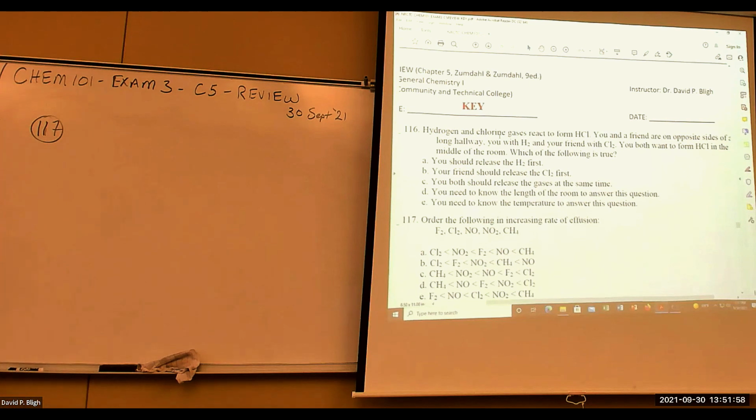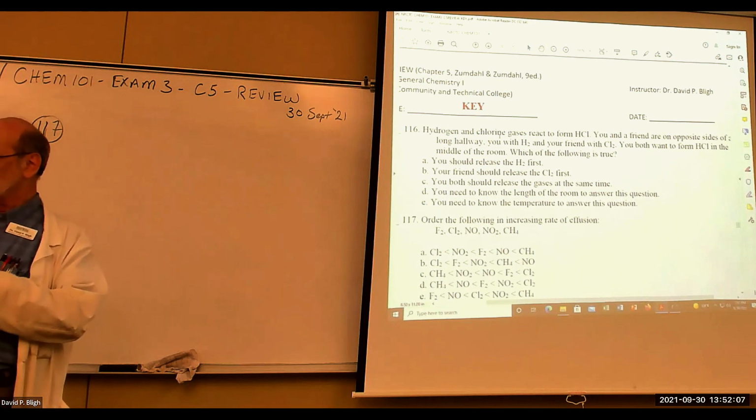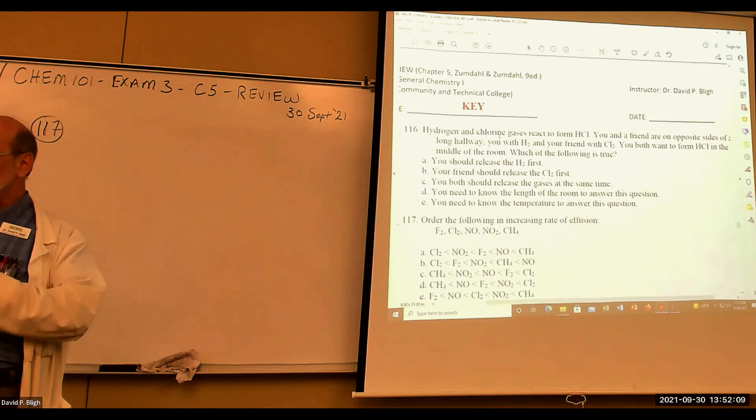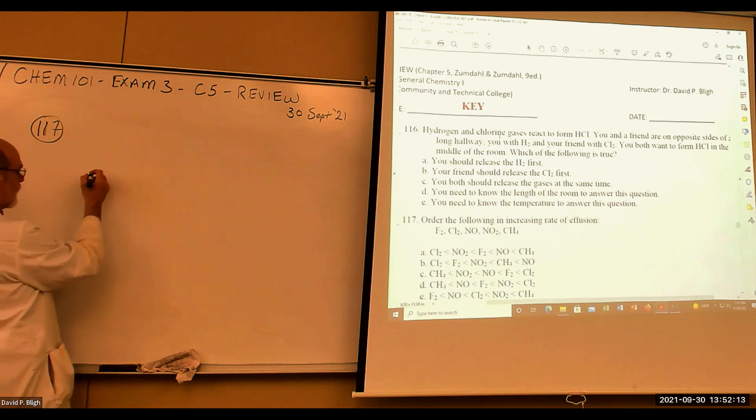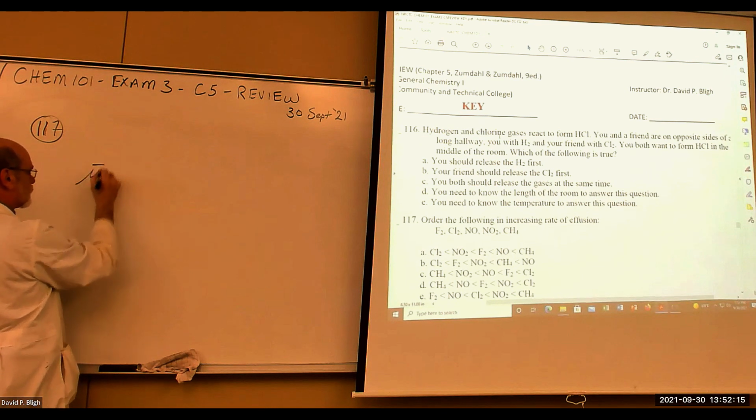Order the following in increasing rate of effusion. So what do we know about rate of effusion? Well, the rate of effusion is proportional to the root mean square velocity, correct? The rate of effusion is proportional to that value.